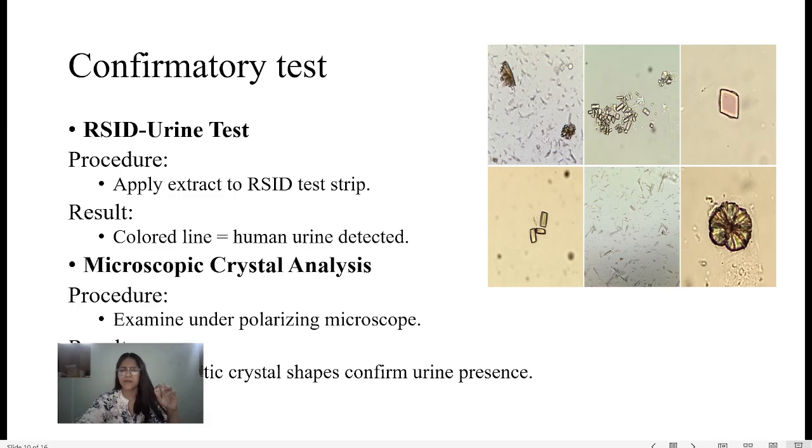So next one is microscopic crystal analysis. Urine actually forms distinctive crystals like uric acid, calcium oxalate, etc. on drying. So when we test this urine under a polarizing microscope, then these kinds of crystals can be seen. The figure is given here, so just look at it.